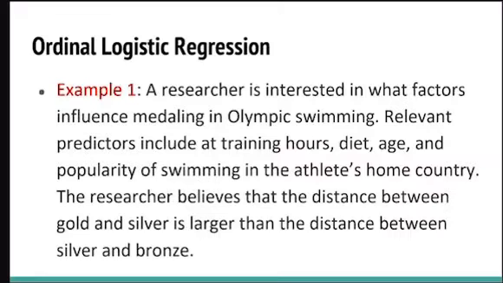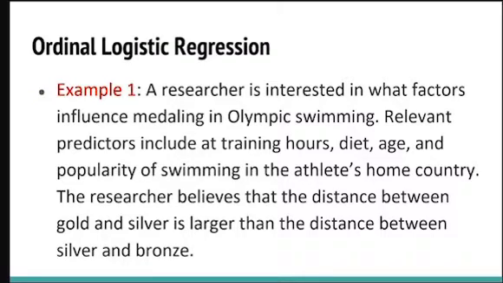Now let's take a look at an example under the ordinal logistic regression. A researcher is interested in what factors influence medaling in Olympic swimming. Relevant predictors include training hours, diet, age, and popularity of swimming in the athlete's home country. The researcher believed that the distance between gold and silver is larger than the distance between silver and bronze.